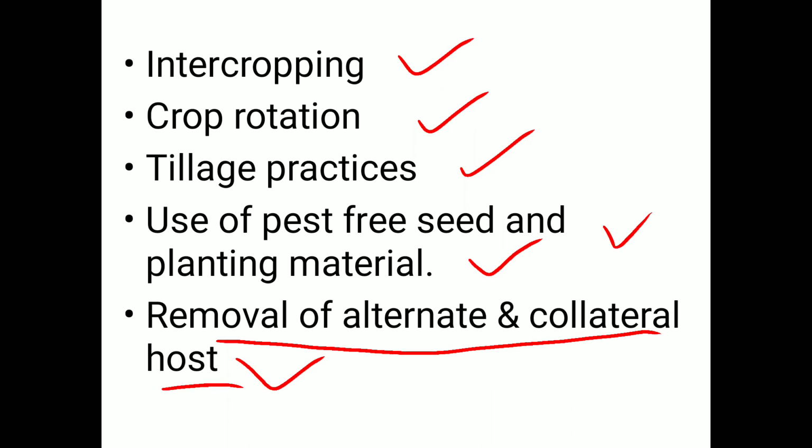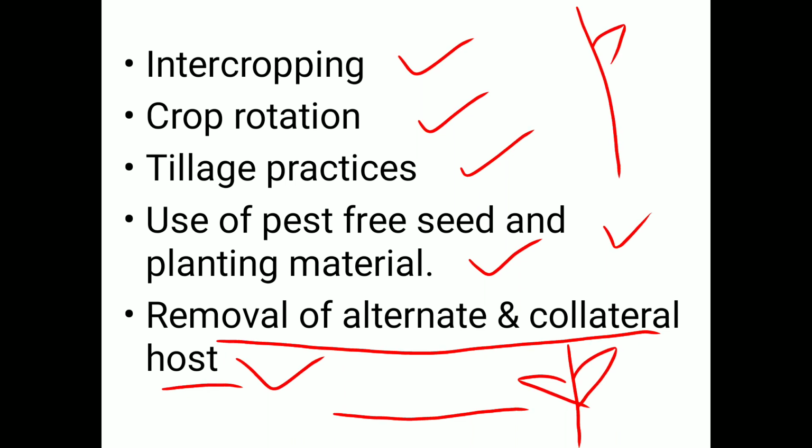First of all, we discuss the concept of alternate host and collateral host. Alternate host is, as we discussed previously, the host on which the pathogen completes its life cycle in absence of the main host. For example, here the main host is wheat. On the main host, that is the main plant, Puccinia, the rust fungus, survives on the wheat crop.